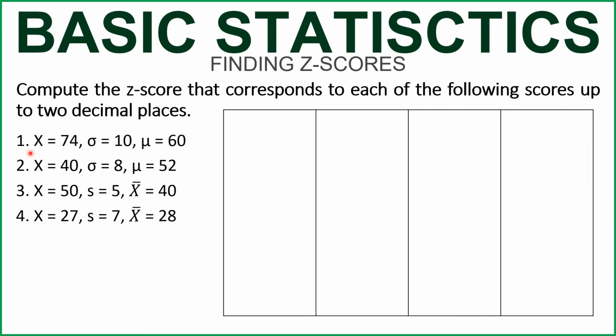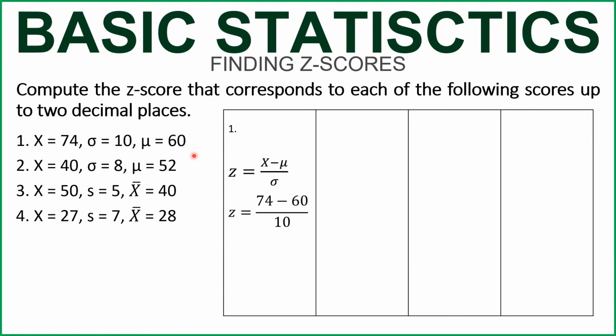So, number 1, x is equal to 74, sigma is equal to 10, mu is equal to 60. Therefore, we're going to use the formula of z-scores in finding z-score for population data. So, the formula is z is equal to x minus mu all over sigma. Then, all we have to do is to substitute the given values.